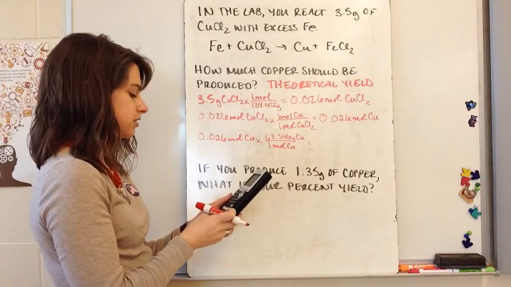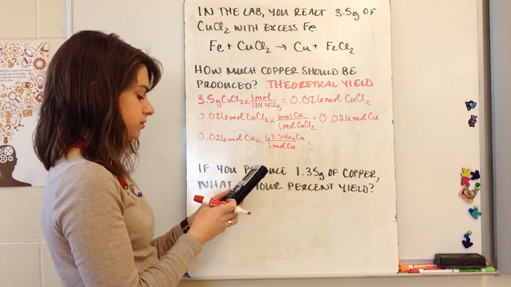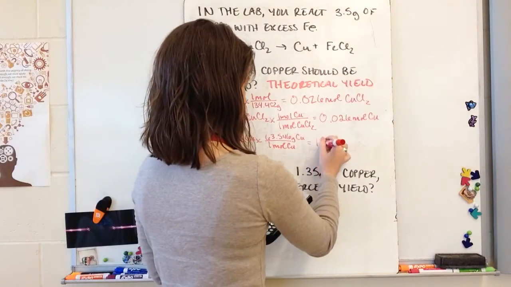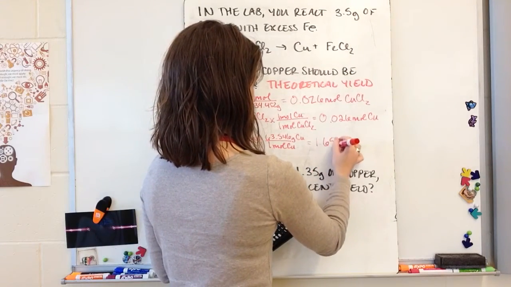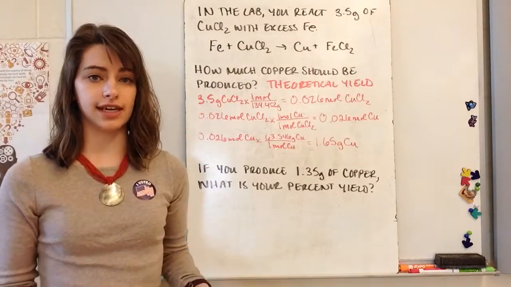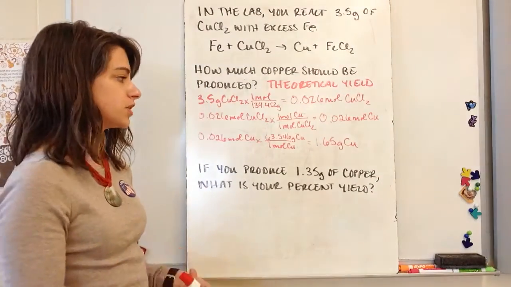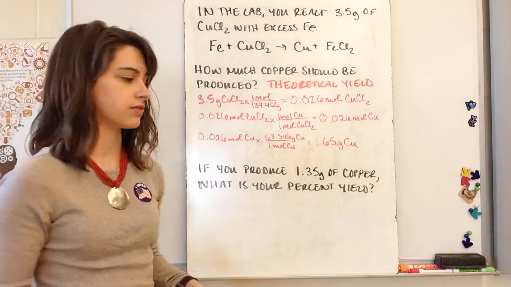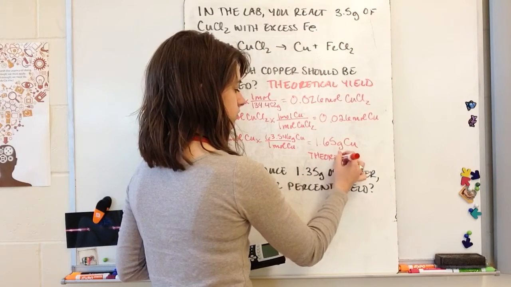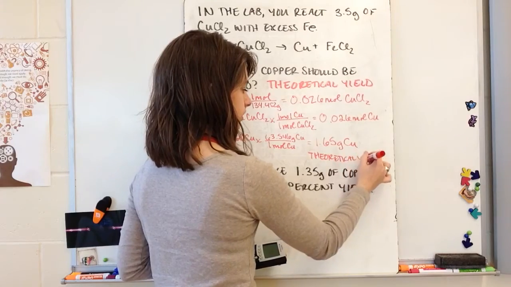So if I do 0.026 times 63.546, I get 1.65 grams of copper. So that's what I should get. If the reaction went perfectly, I should produce 1.65 grams of copper. So this is my theoretical yield.